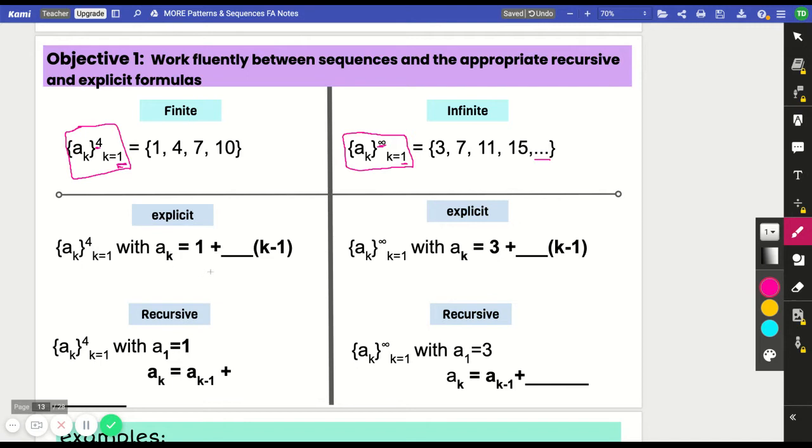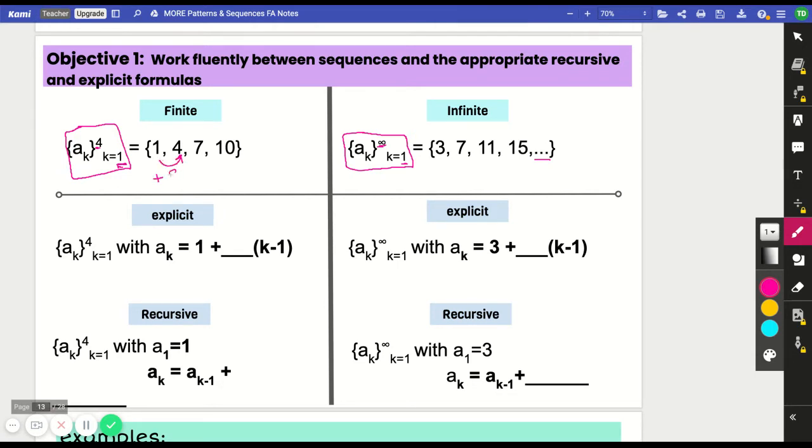So let's look at writing the explicit formula for this finite sequence. We have a sub k is equal to the first term, which is 1, plus how do we get from here to here?